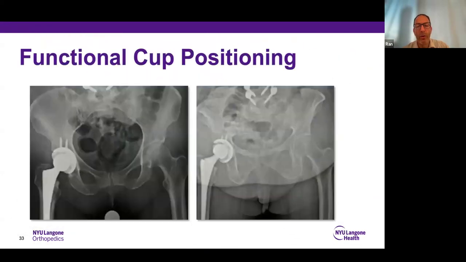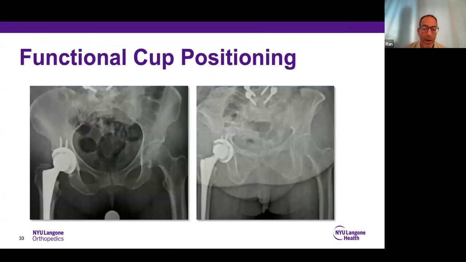So the safe zone, as we learn more, has to do with how the patient walks, stands, and sits. For example, this is a patient that has a spine fusion. You can see the hardware up there in the spine, and you can see the difference between when the patient is standing and sitting, and how that affects the cup position.